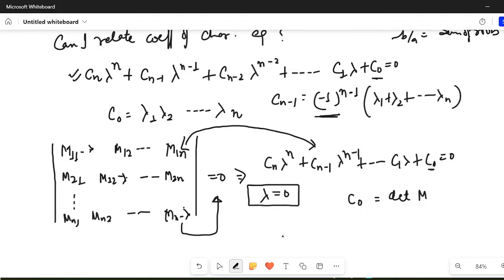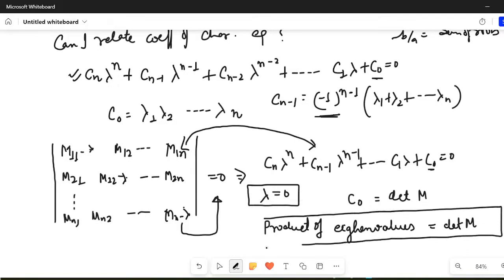So always remember, the product of eigenvalues is equal to the determinant of the matrix. Is that clear? This is a standard result. Please do remember it. I have just briefly sketched an idea as to how you can relate.